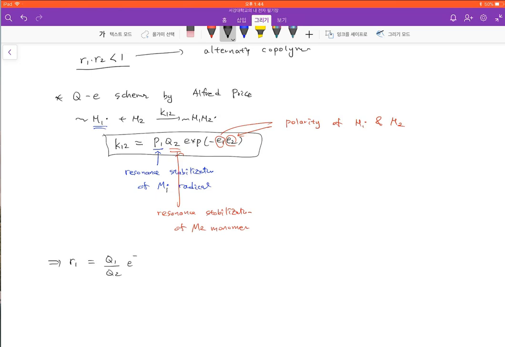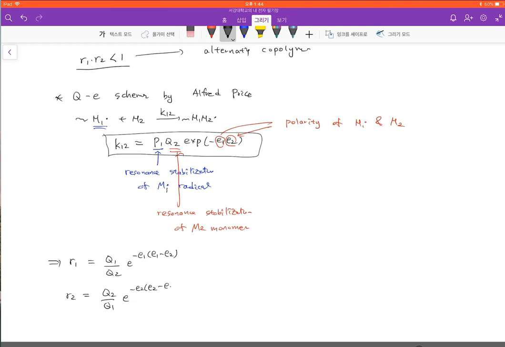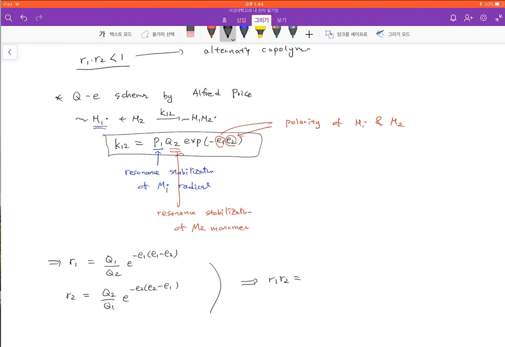So since we can represent the rate constant in this way, we can write r1 as Q1 over Q2 exponential minus e1 times (e1 minus e2), and r2 as Q2 over Q1 exponential minus e2 times (e2 minus e1). If you multiply r1 and r2, what you get is exponential minus (e1 minus e2) squared.